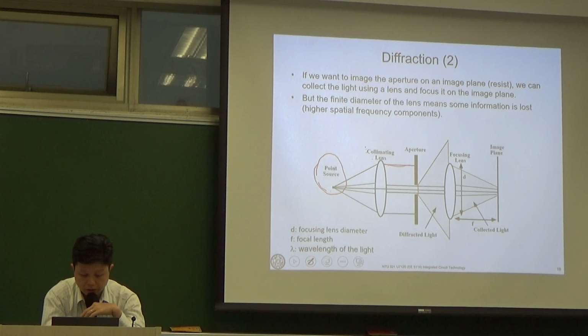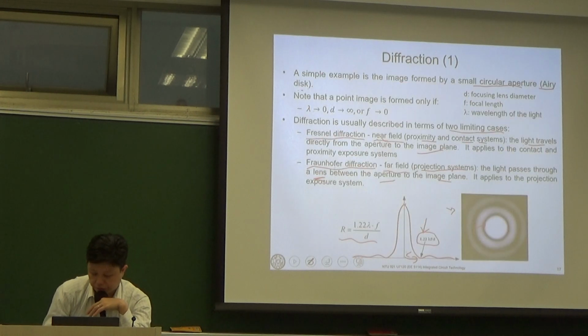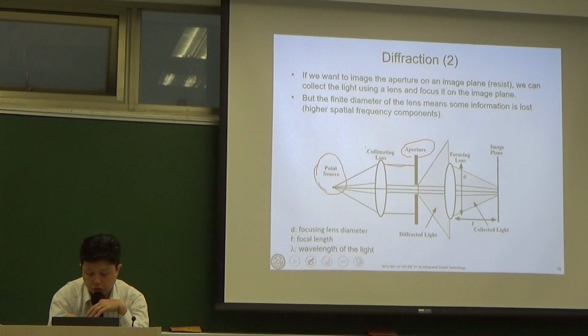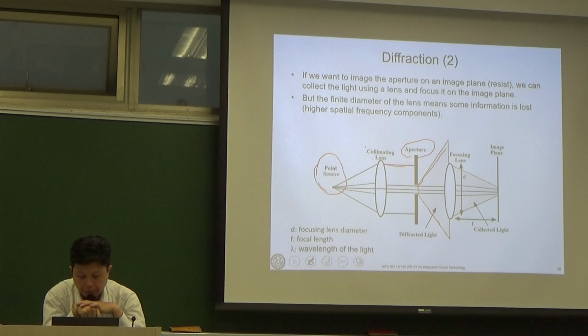This parallel light will hit this mask or these apertures, and we have used the point source and the interference in the previous figures to describe what will happen. The light actually has certain diffraction angles. So this is the diffracted light, like this.